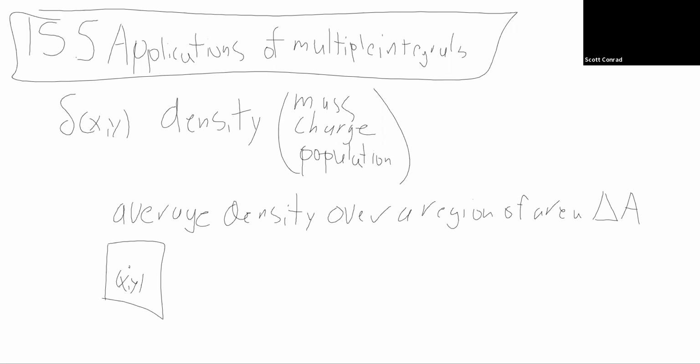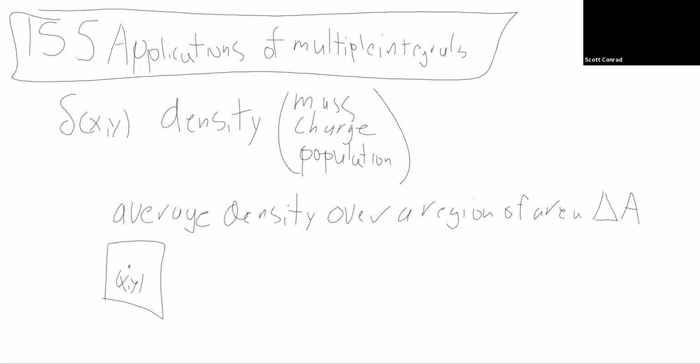For now the point x, y is in there. It doesn't really play into it yet, but the average density over an area is basically, depending on what you're talking about, if it's mass, the total mass of the region divided by the area.